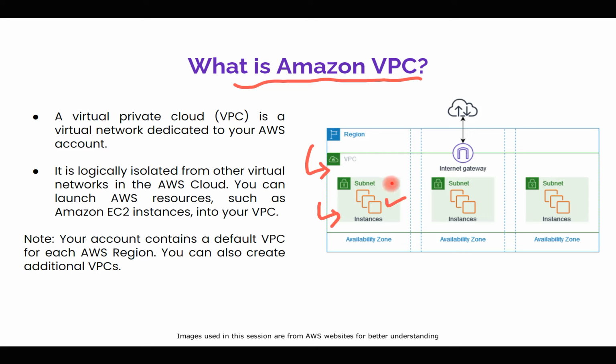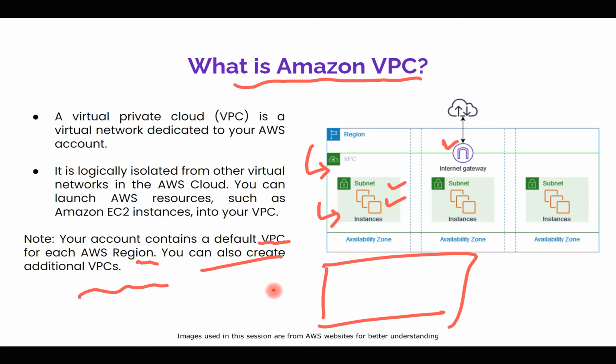Here you can see instances, subnet, these all things we need to create. Even this internet gateway, when we want to use it, we need to create it. So this should be within our VPC and we can launch these resources within our VPC, which belongs to our account. So your account contains a default VPC for each AWS region, and you can also create additional VPCs if you want more VPCs within a region.